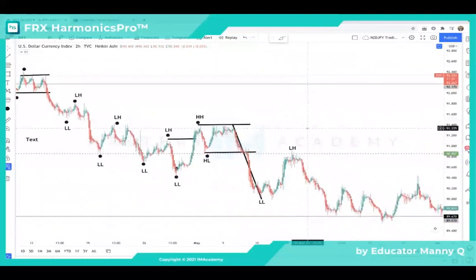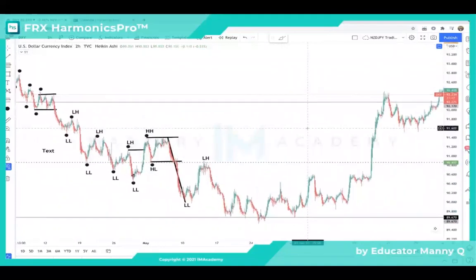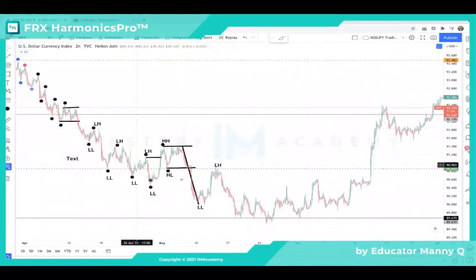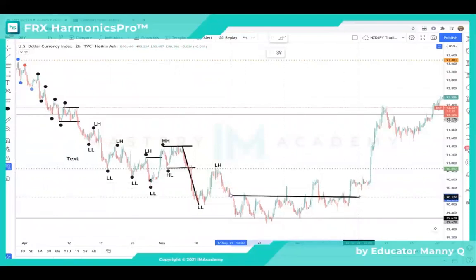And again, it's going to continue the sequence of lower lows and lower highs all the way to the point where the market is finally going to reach something known as a base low.